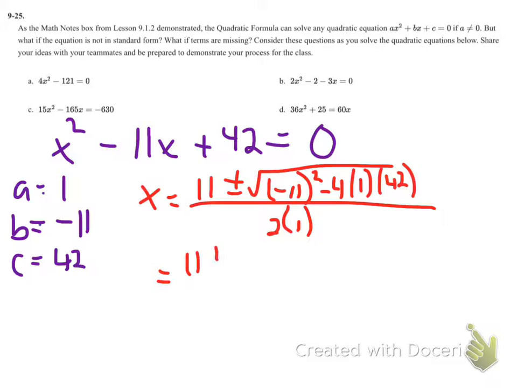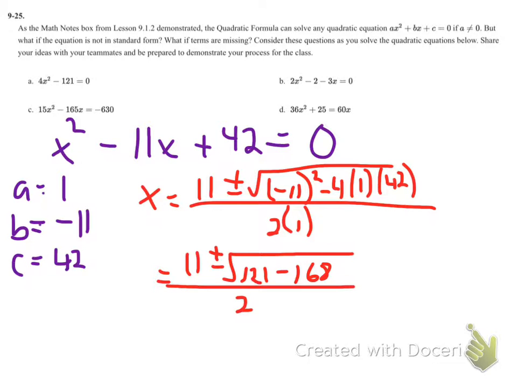So now I have 11 plus or minus the square root. Negative 11 squared is 121. Negative 4 times 1 times 42 is a negative 168 divided by 2. Simplifying underneath the radical, I get 11 plus or minus the square root of negative 47 over 2.